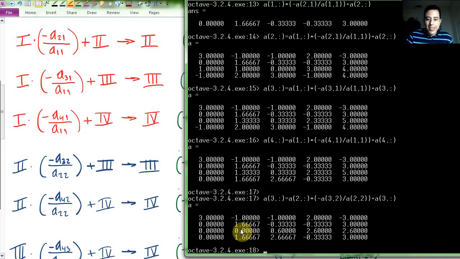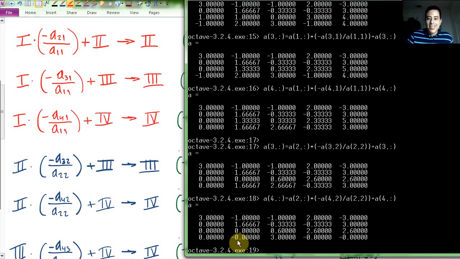There you go. So you eliminated that term. Now let's eliminate this one. That will be this operation here. Row 4, row 2, and this would be 4, 2, add to row 4.